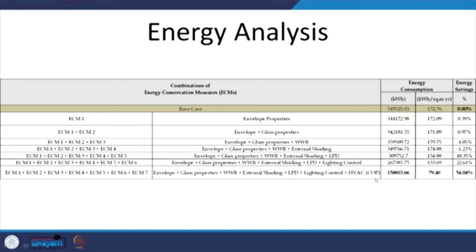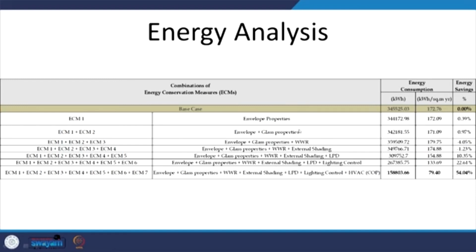And the last, where we changed the HVAC system, because it was considered to be an air conditioned building, and the moment we changed the HVAC and we just changed the coefficient of performance and selected a better performing system which had higher efficiencies and coefficient of performances, we can see that there is an additional saving of almost 30%, which is a huge saving.